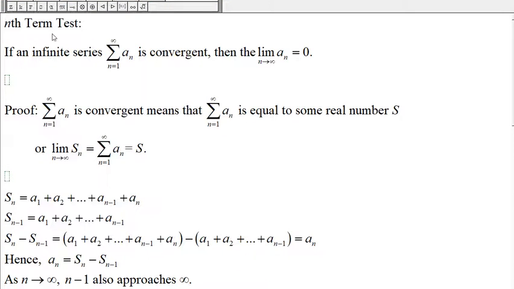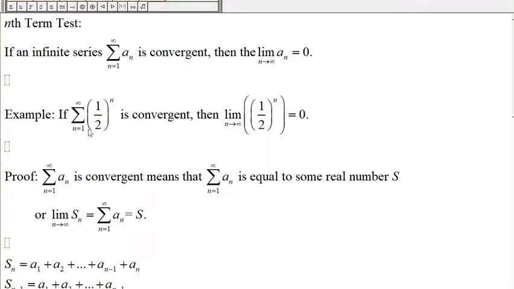The nth term test says that if we have an infinite series and this infinite series is convergent, then the limit of the sequence a sub n is 0. So here's an example.